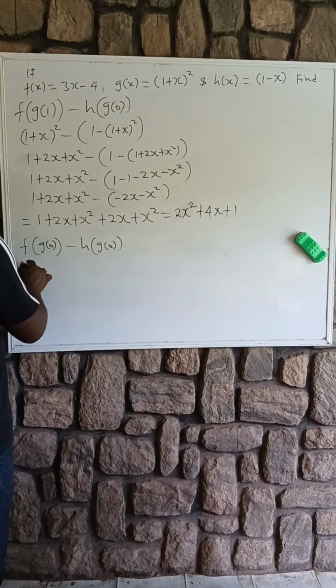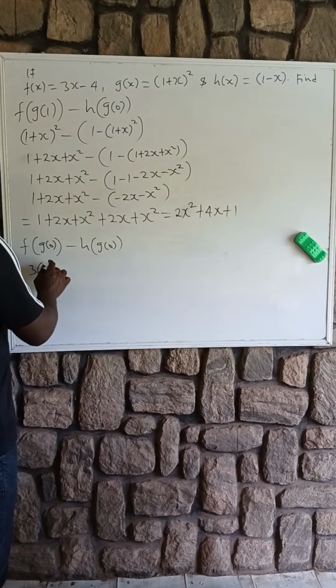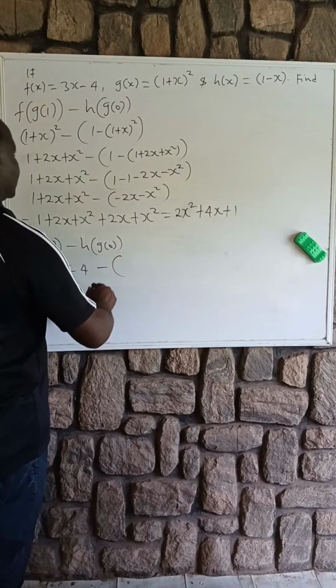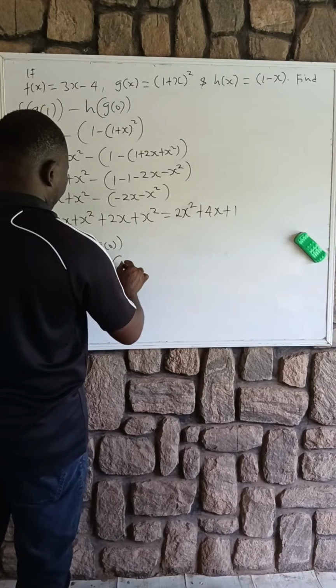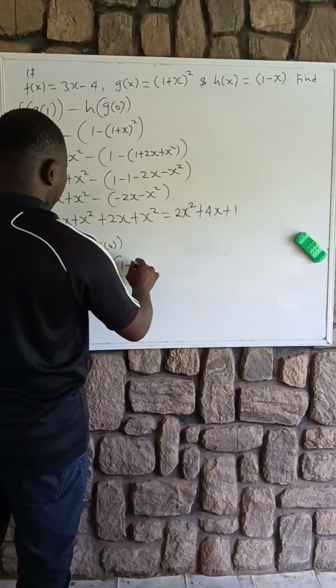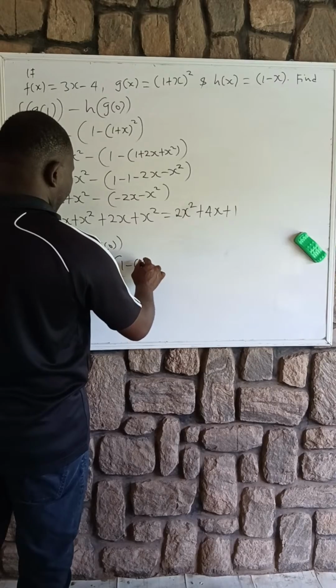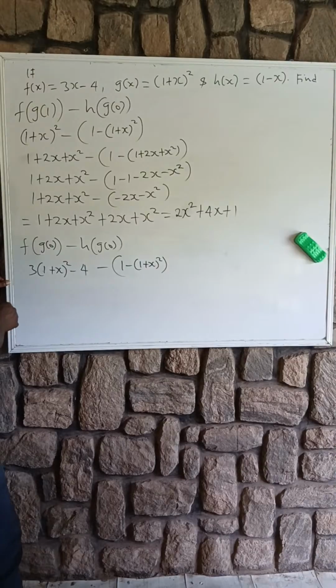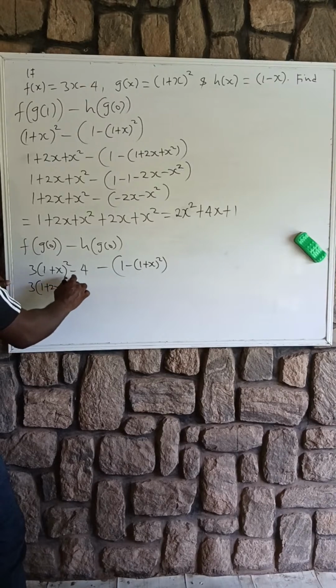So here will now be 3 open brackets 1 plus x all in square minus 4, then minus open bracket 1 minus open bracket 1 plus x all in square. So here we are going to have 3 open bracket 1 plus 2x plus x squared minus 4.